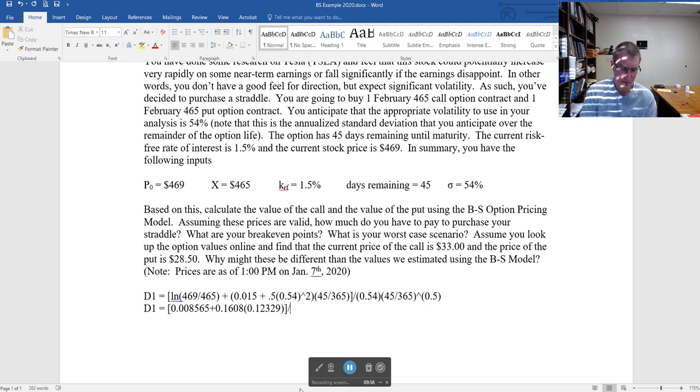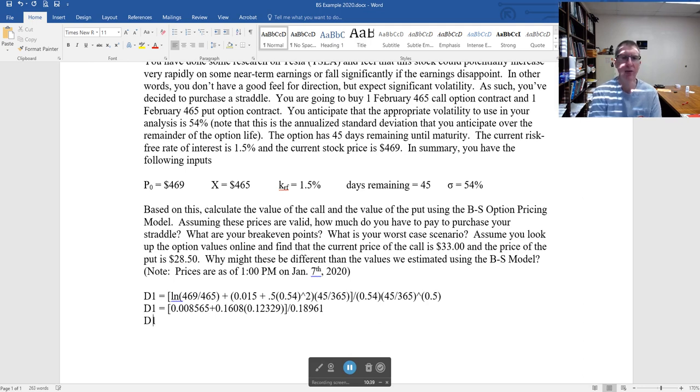I start with the square root of time here. So 45 divided by 365, take the square root of that, times 0.54, and that's going to give me 0.18961. I would encourage you to make sure that you're doing these calculations and coming up with the same answers. It's very easy when you're doing this by hand to make a math error, even if you have the setup right. So double check my calculations, make sure you're doing these correctly.